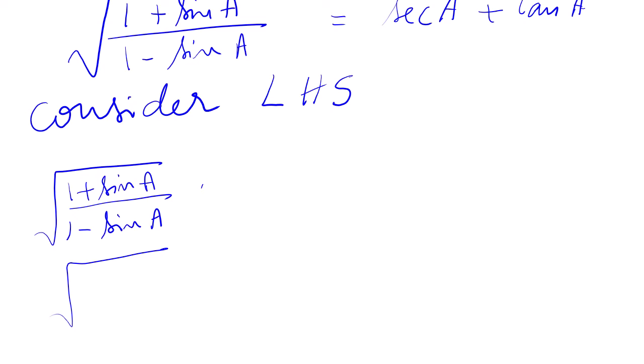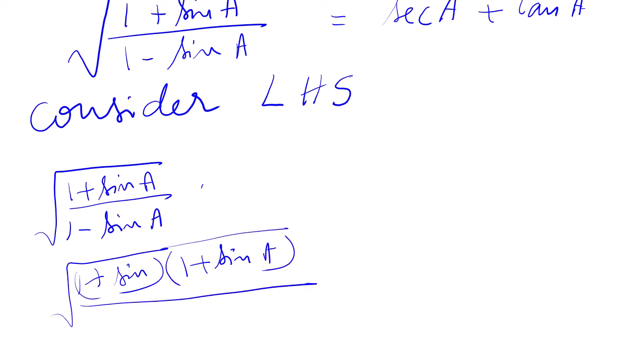Multiply the numerator and denominator by 1 plus sin A, because here it is 1 minus sin A. So 1 minus sin A into 1 plus sin A.